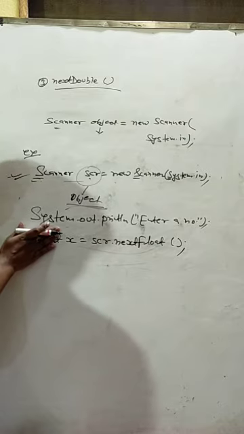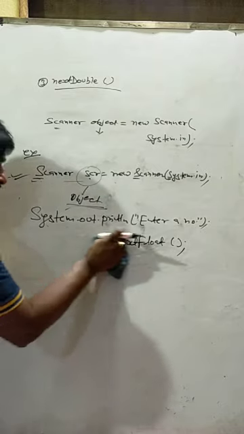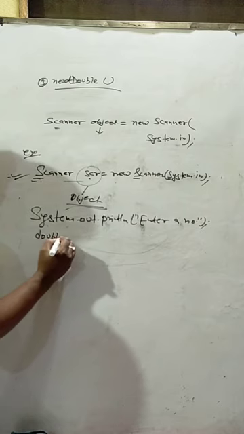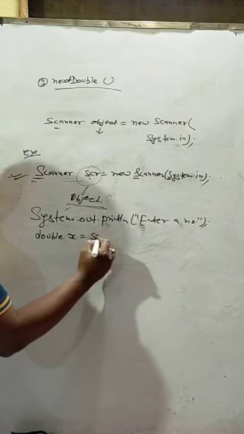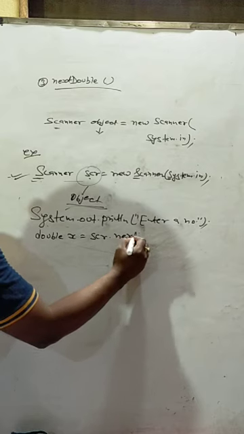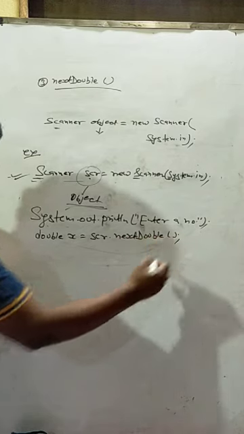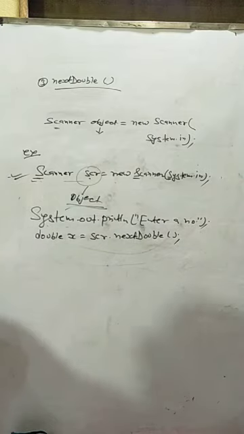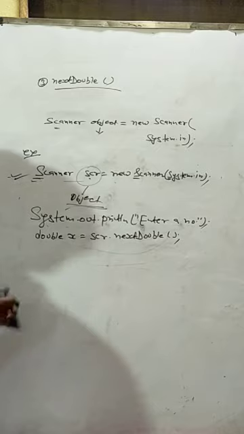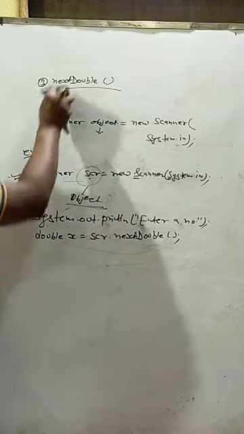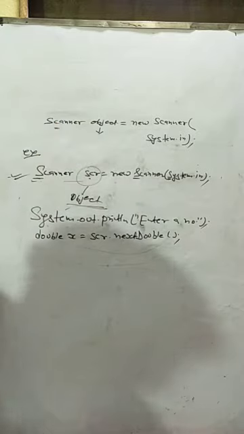This time we are entering a number of double type, so we need a double type variable to store it: double x = scr.nextDouble(). This way we will input a double type value. Similarly, the next function is nextLong.